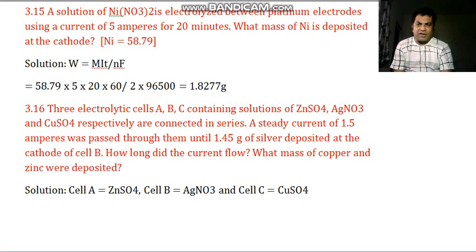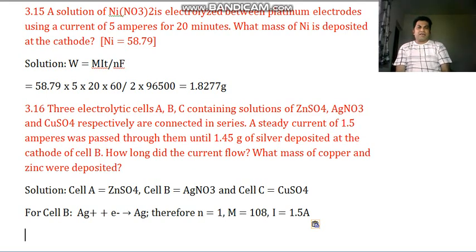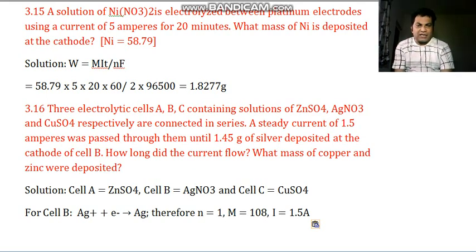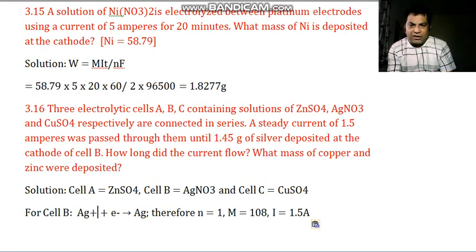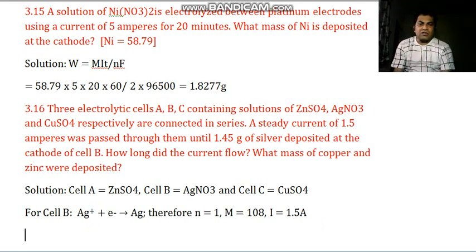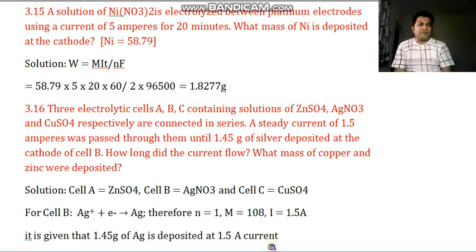For cell B, Ag plus plus electron gives Ag, so the number of electrons is 1. So we take n equals 1. Atomic mass of silver is 108 and current passed is 1.5 ampere. Now use the given values.